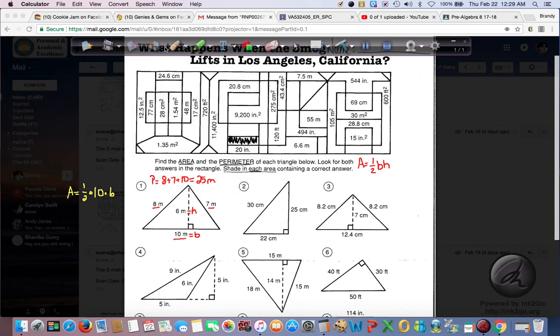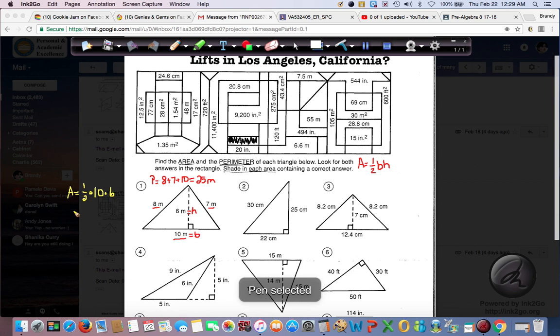So our area in this case is 30. Area equals 30, and since we did do multiplying, it's going to be meters squared. Then you come over here to your picture at the top, you find 30 meters squared, which is over here, and you color in the whole area here.